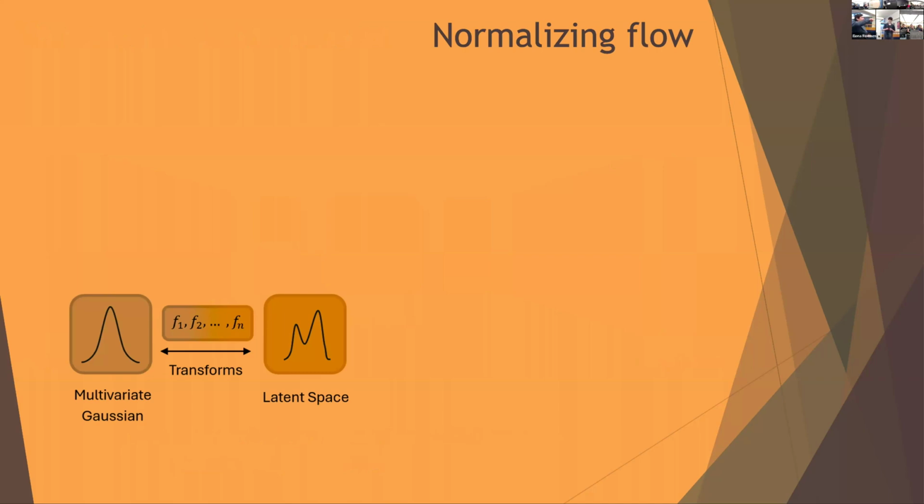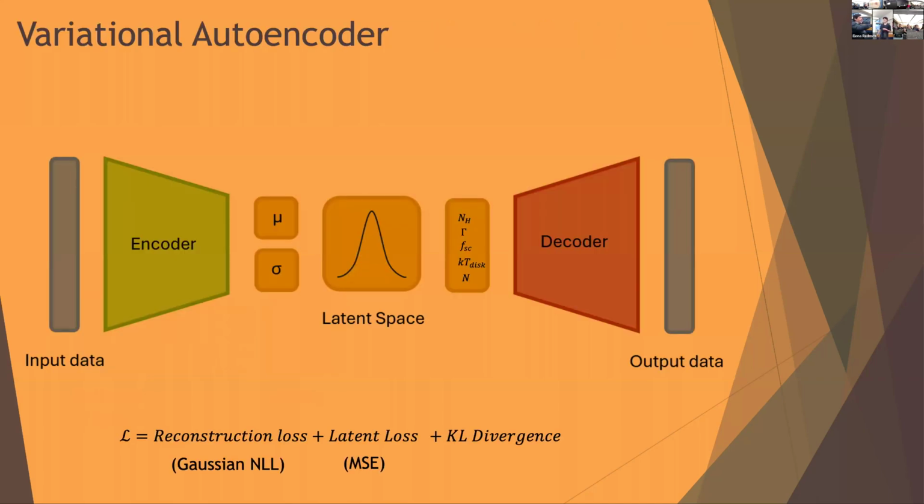Could you go back for a second? What is the second term here, the latent loss? That compares the predicted parameters to the input parameters, and it ensures that the model learns physical parameters rather than arbitrary values in the latent space. You told me that the input was observed data, so how do you know the ground truth values for those?